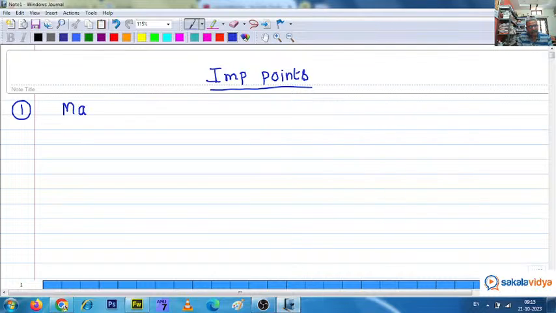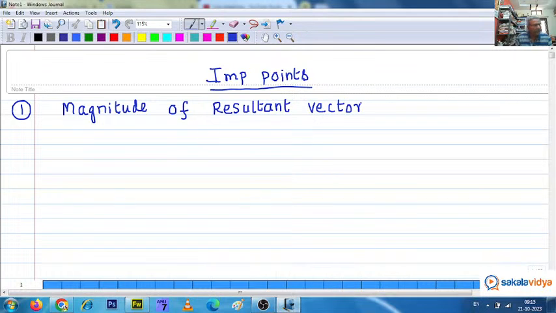magnitude of resultant vector. The resultant is denoted by R bar, and the magnitude is denoted by mod R bar.